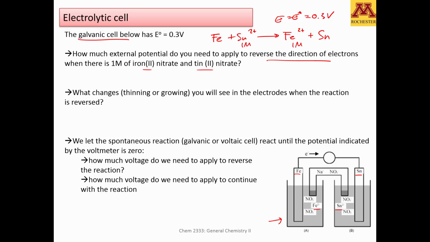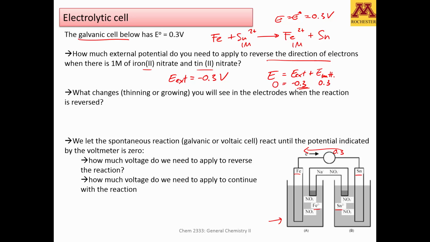Well, because what's going to be indicated when you have 1 molar is 0.3, the external at least needs to be, if you will, reversed, so let's put negative 0.3 volts, so that the total, at least, of the battery, this was 0.3, so if you put 0.3 external, at least you will stop the reaction. If you put more negative, then you'll be able to reverse the direction of the electrons.